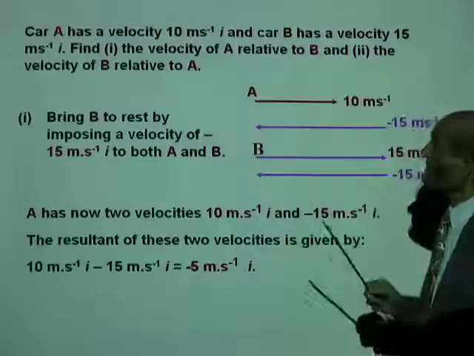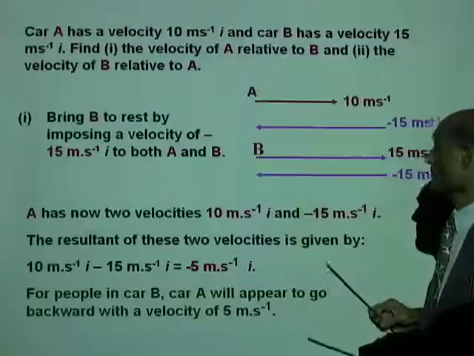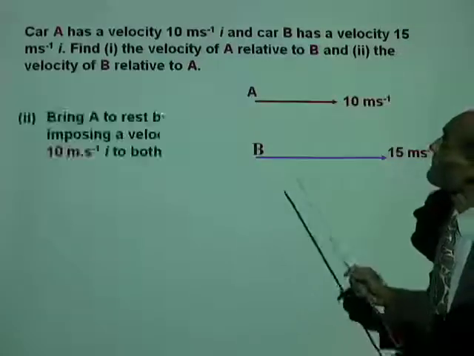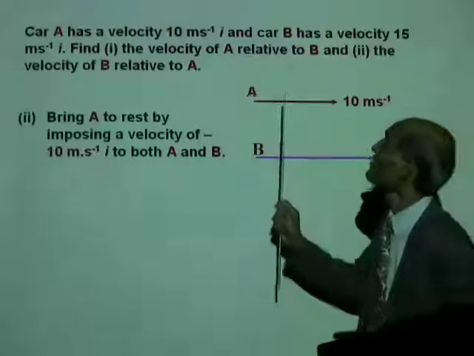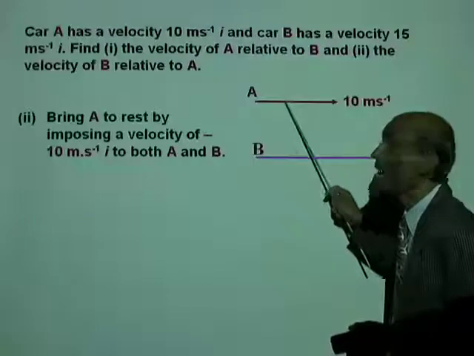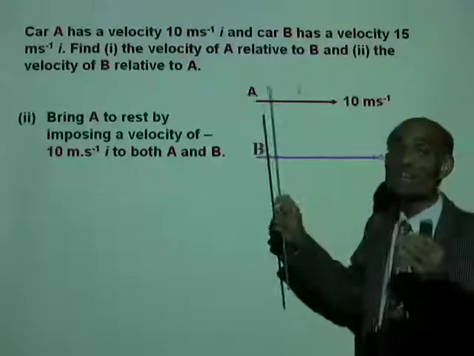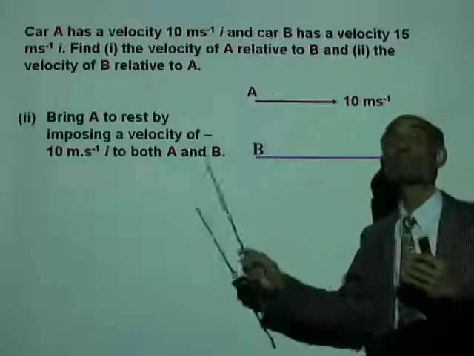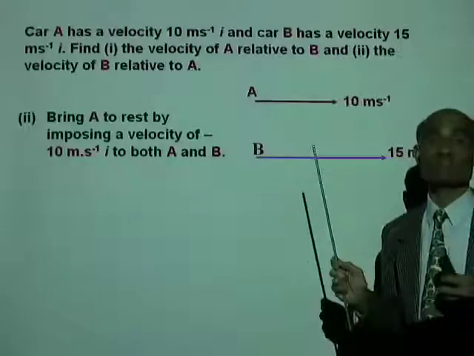Alright, let's do part 2. In part 2, we need to find the velocity of B with respect to A. So this time A is the reference frame, and we need to bring A to rest.